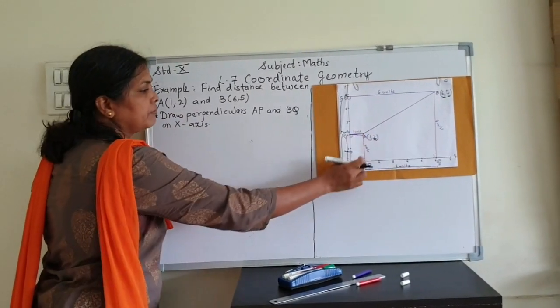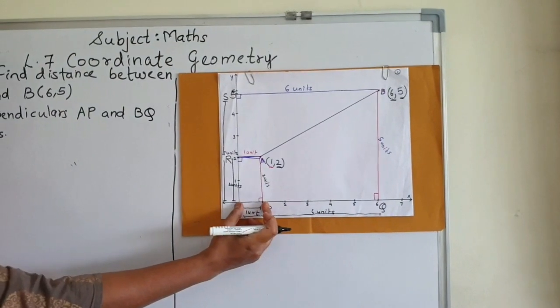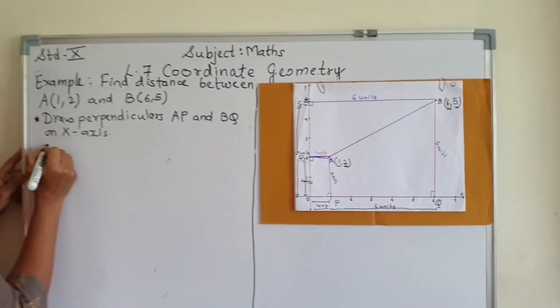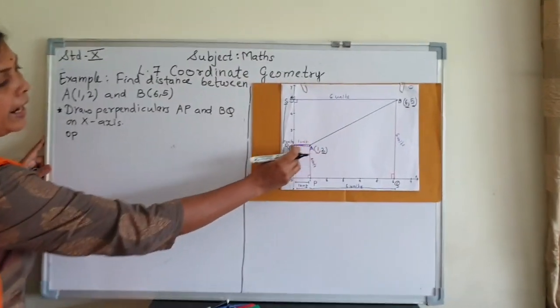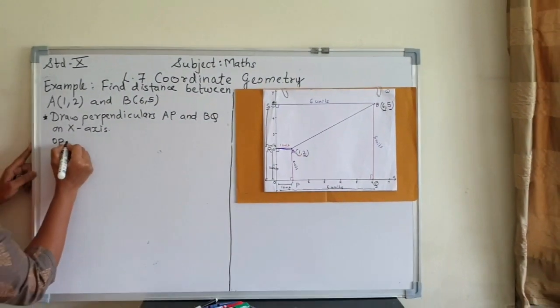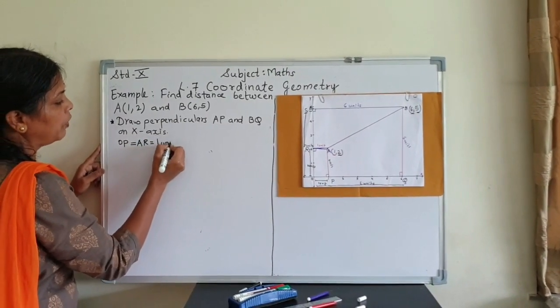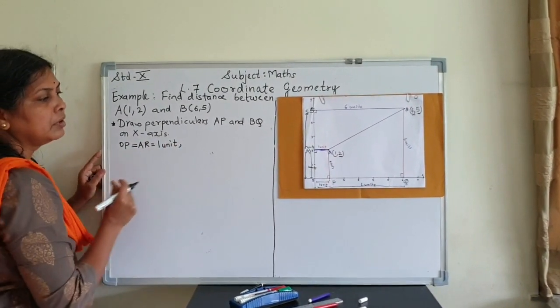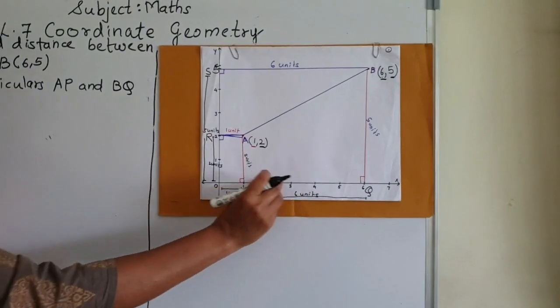So after drawing these perpendiculars on this, what we get? We get this distance as OP, which is equal to AR, which is nothing but 1 unit. Now, what we get here?